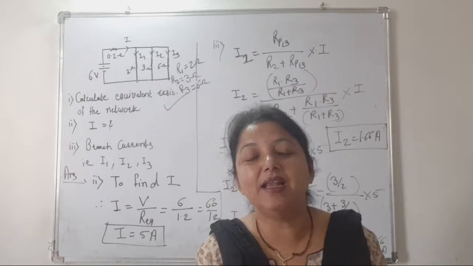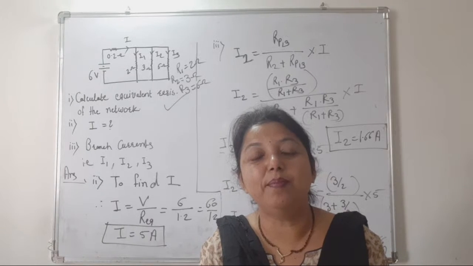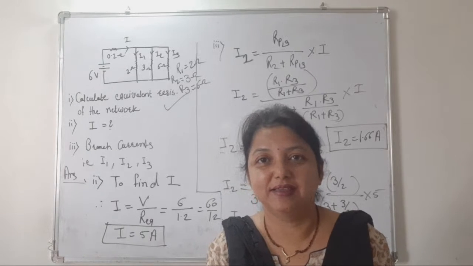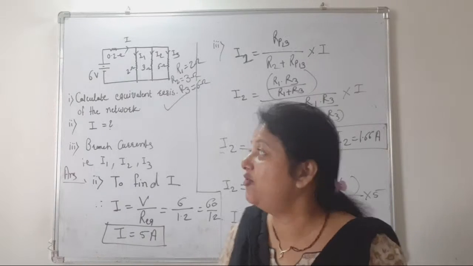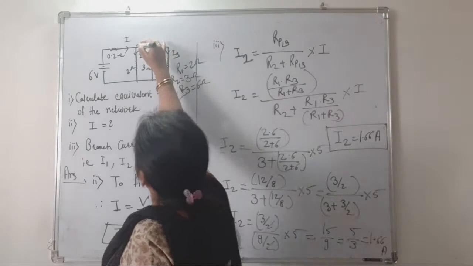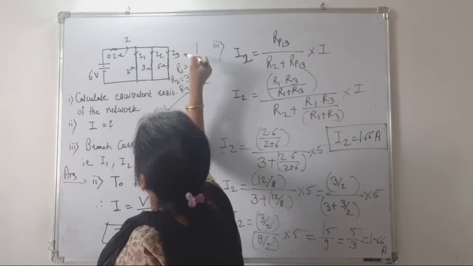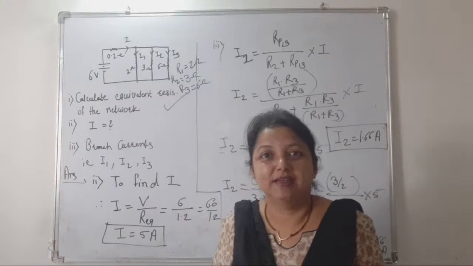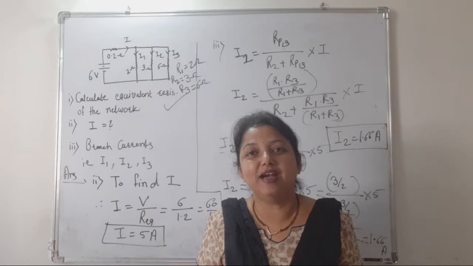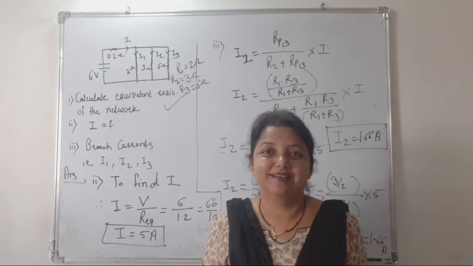Yes, yes, Sahil. 5 equal to I1 plus I2 plus I3. Now current I, from this point I is equal to I1 plus I2 plus I3. Yes, yes, Karthik. Right. Very good answer.